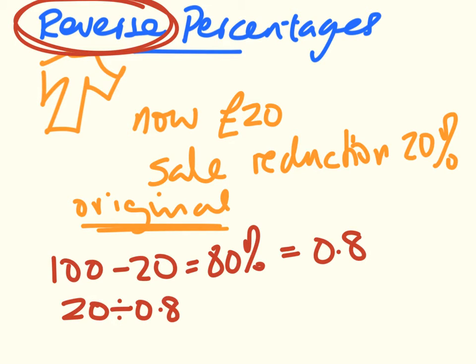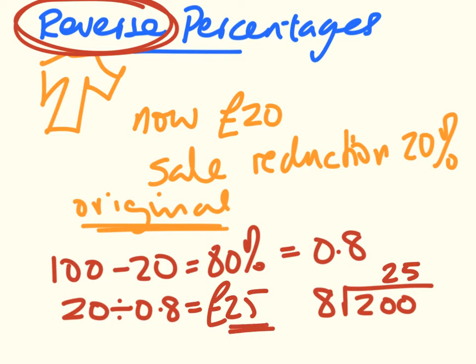If you can't do that in your head, then you do a wee sum. 8 into 200. Notice that my 0.8 has become 8 and my 20 has become 200. 8 into 200 is 25, so that tells me that the original price is £25. So do your multiplier, get that part, and because it's a reverse we do a divide sum.